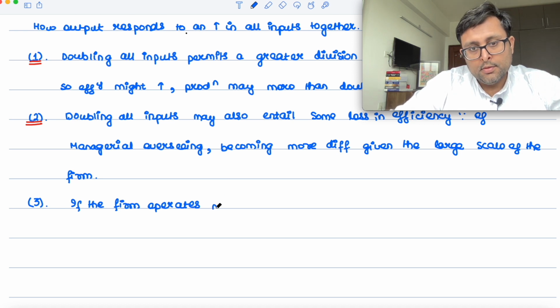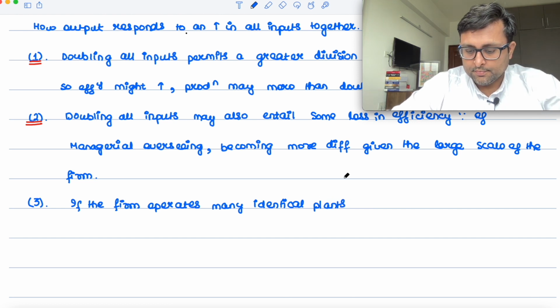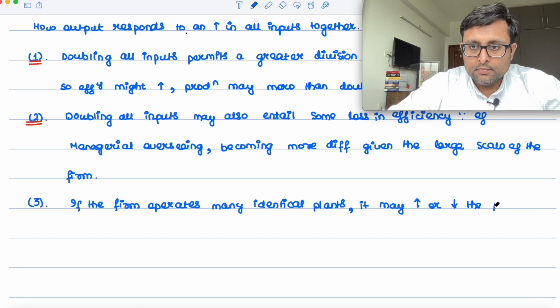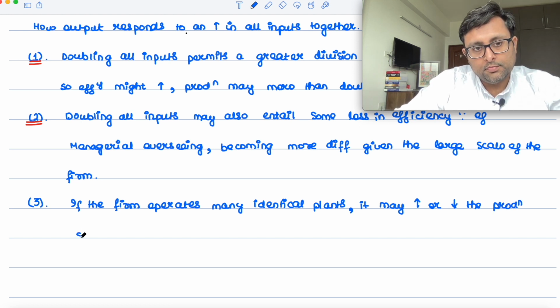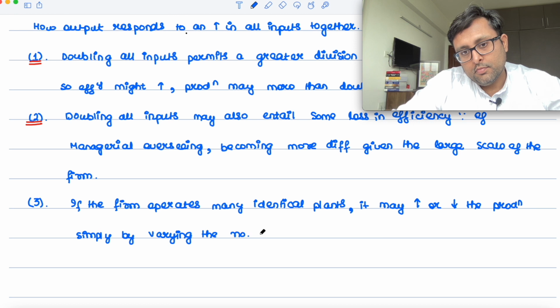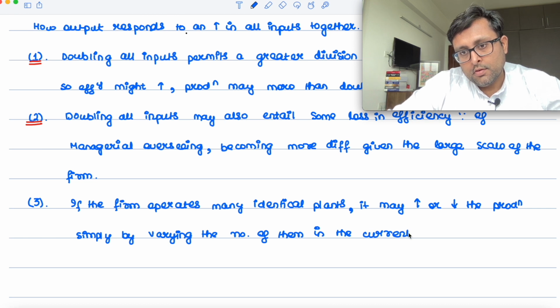So if the firm operates many identical plants, it may increase or decrease the production simply by varying the number of them in the current operation.